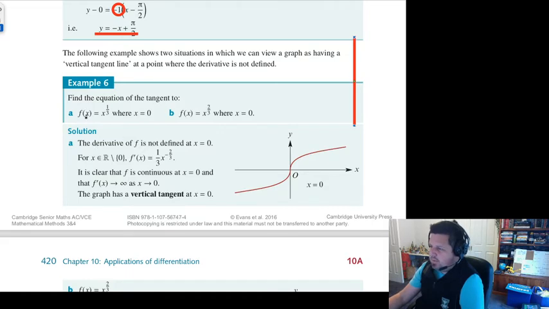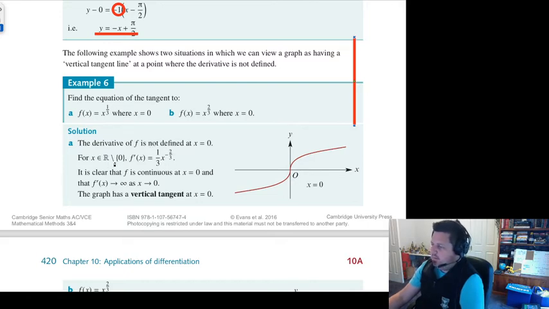The derivative of this particular function is not defined at x equals 0. If you were to differentiate that, it looks like one of those truncus again, where there is an asymptote at x equals 0, so it cannot be differentiated at that particular point.